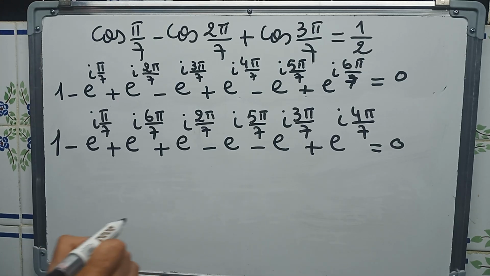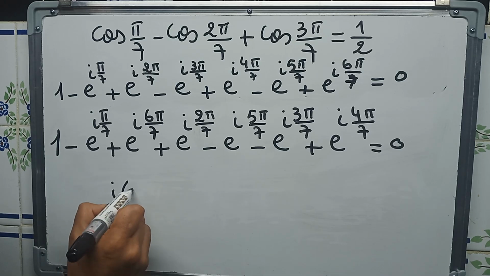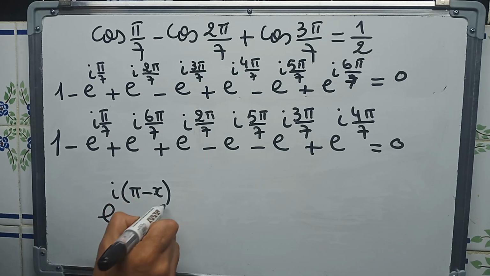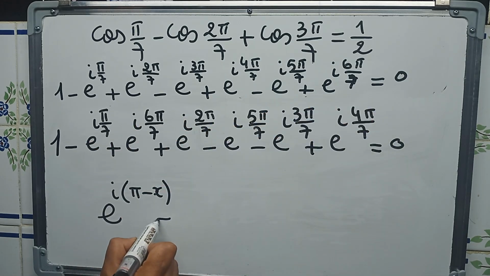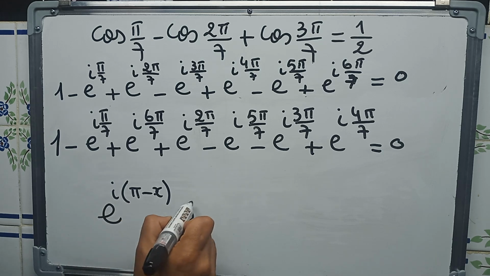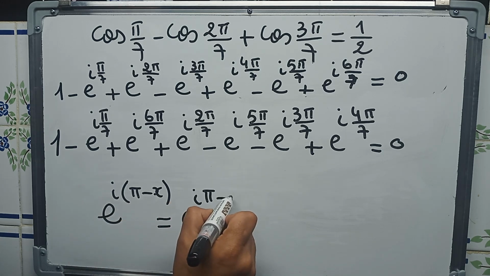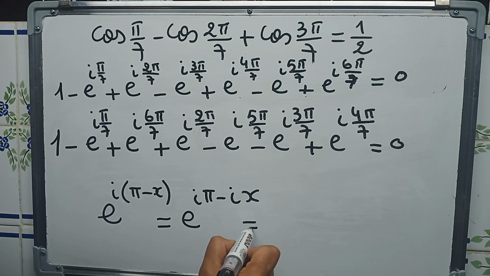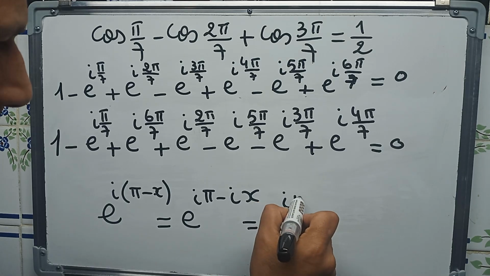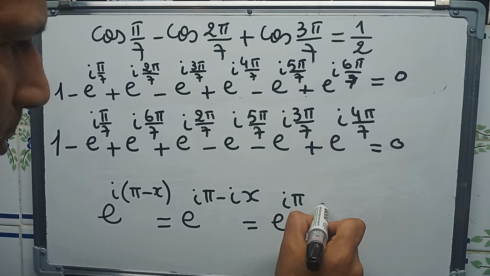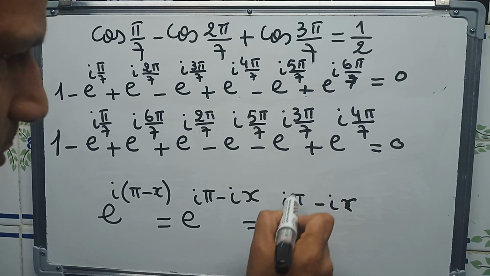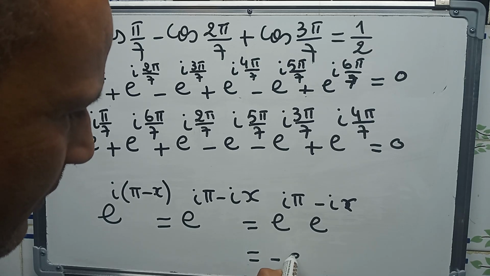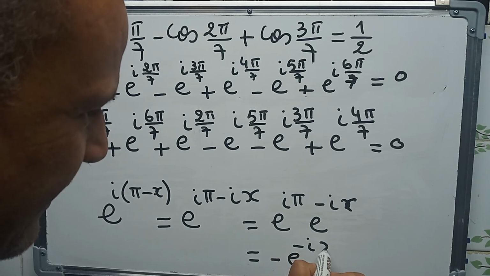Why? Here we will use this formula, e^(i(pi minus x)), to get rid of those second terms. So here it's equal to e^(i pi) e^(minus ix), and this e^(i pi) is minus 1, so it's minus e^(minus ix).